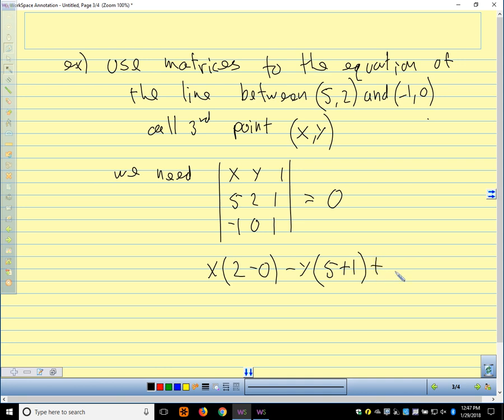And then plus 1 times, cross out the top row and the third column: 5 times 0 minus (-1) times 2, so plus 2, and that has to equal 0. So here's my equation: 2x minus 6y plus 2 equals 0.